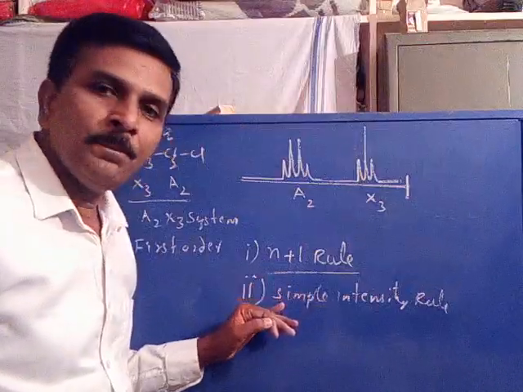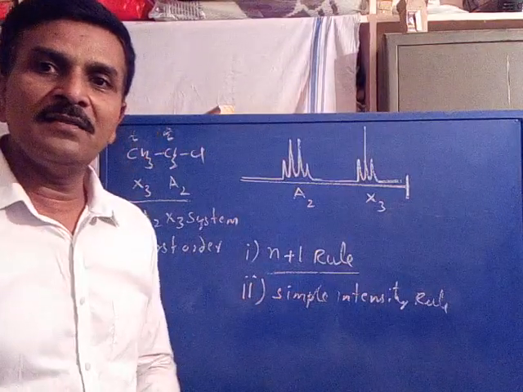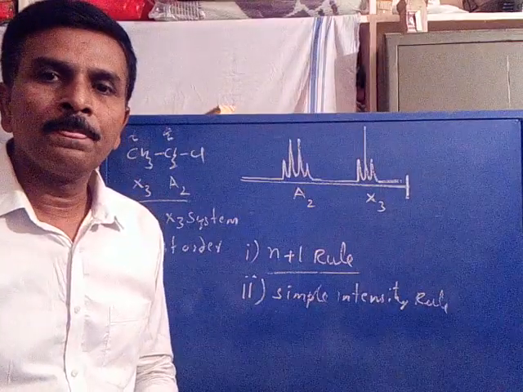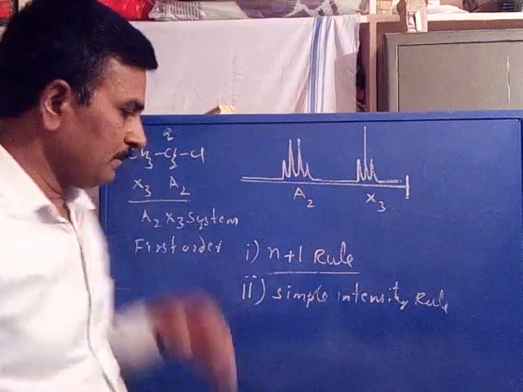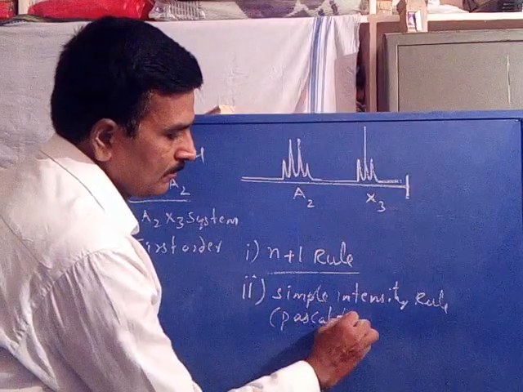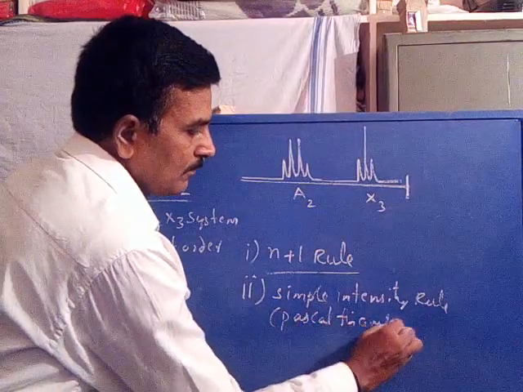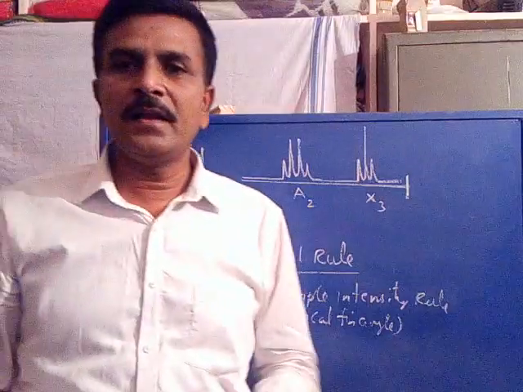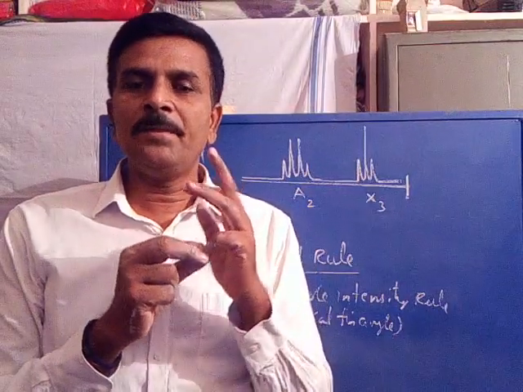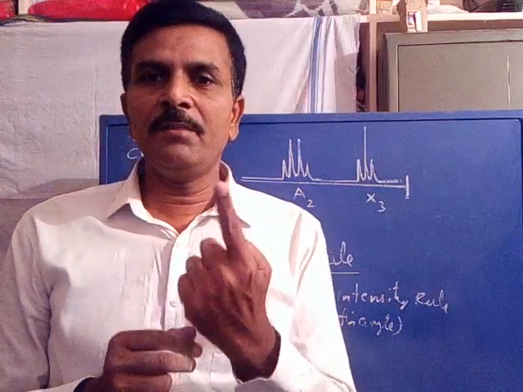Now the simple intensity rule. What is the intensity rule? We discussed it in the first semester, according to Pascal triangle. If the signal appears as a singlet, the intensity will be 1.